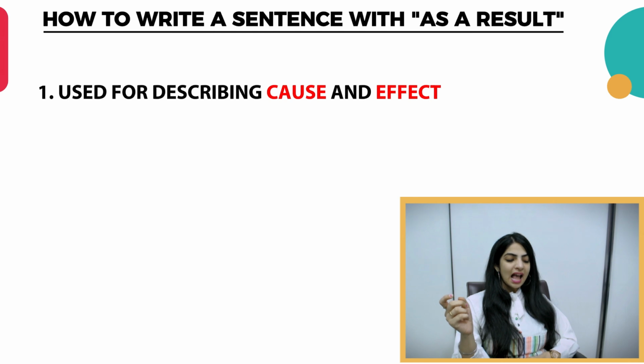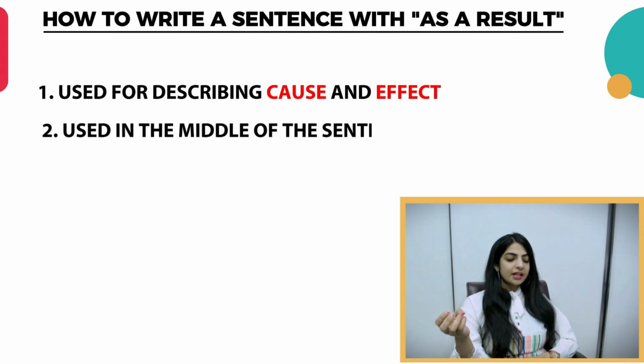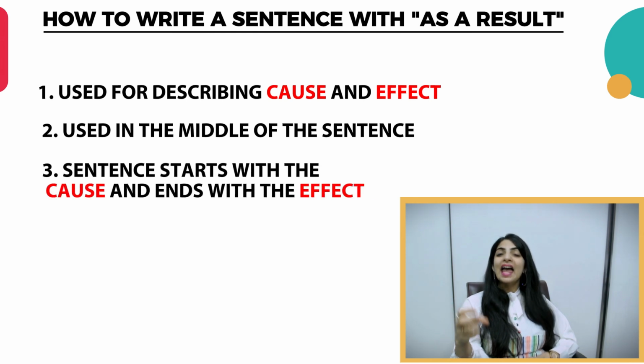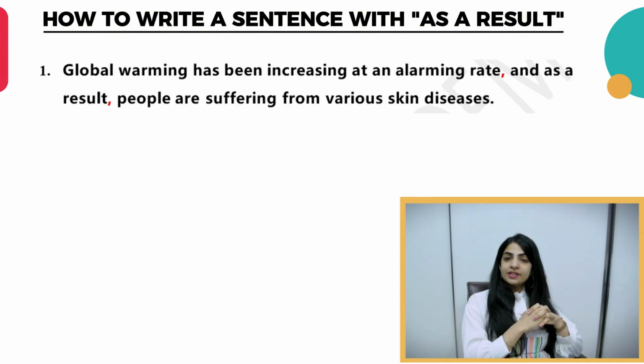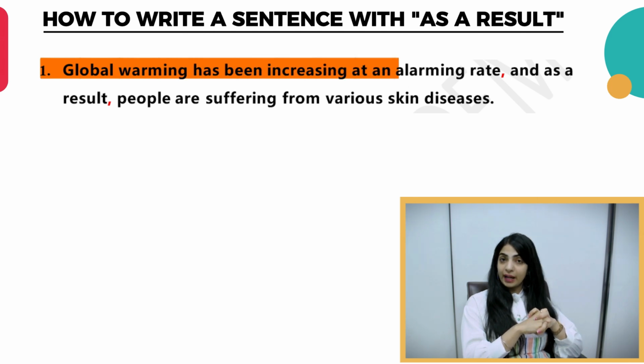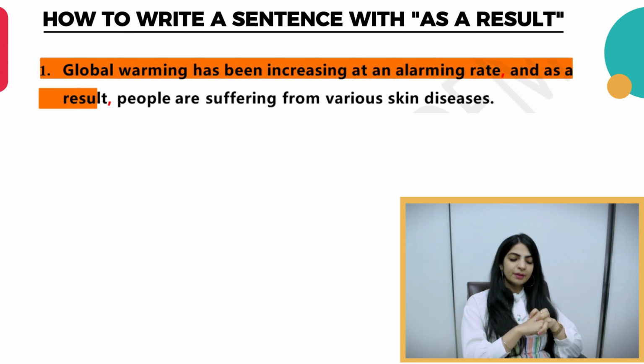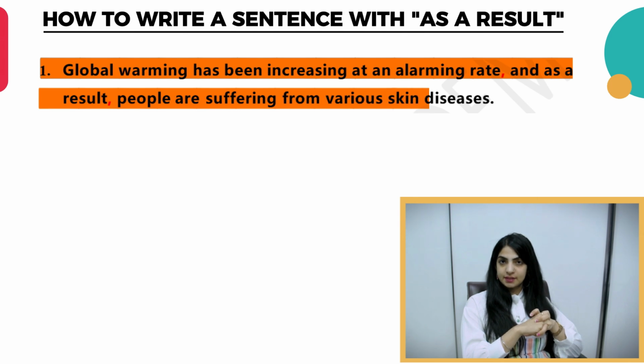Normally, as a result is used in the middle of the sentence. And in the case of as a result, the sentence starts with a cause and it ends with an effect. Now, if you see the second sentence on the screen: global warming has been increasing at an alarming rate, and as a result, people are suffering from various skin diseases.